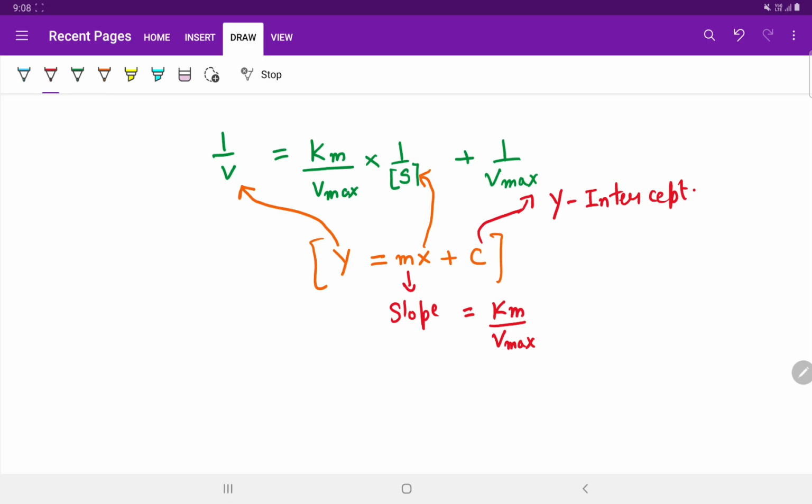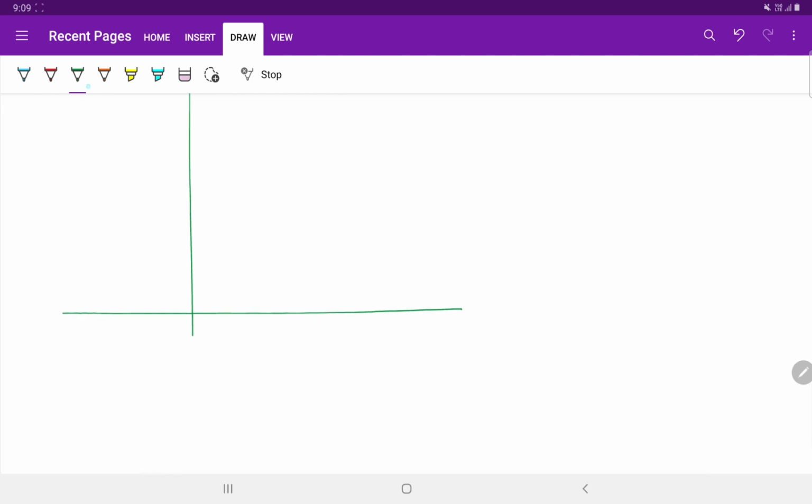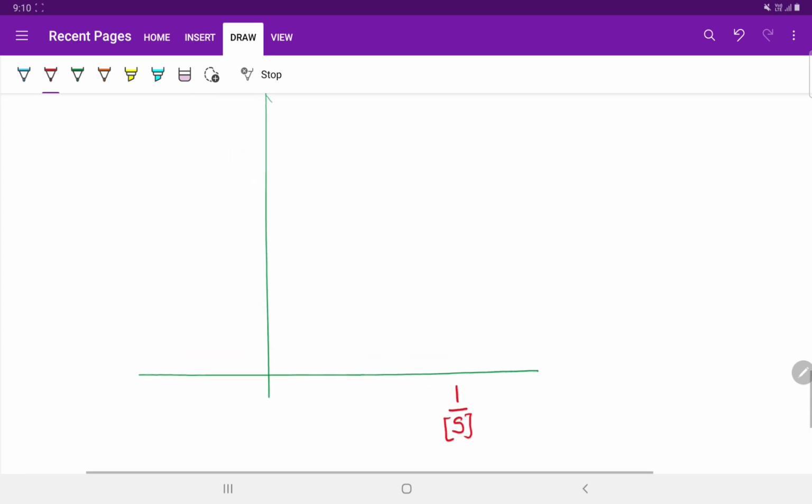So this can be shown with the help of the graph. So students, as per the straight line equation, the x-axis will be represented by the reciprocal of the substrate concentration, and the y-axis will be represented by the reciprocal of the velocity. And for this, a straight line will be obtained.